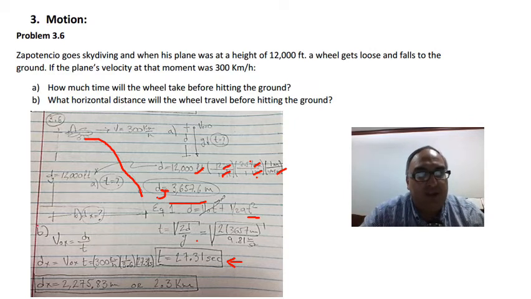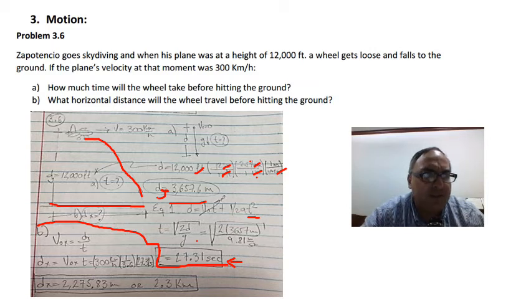Now letter B is very simple. We are asked for the horizontal distance, and we only have this simple equation because we don't have acceleration in x. So we have Vx equals the distance over time. We solve for distance, so it's Vx times time, because this goes to the other side.